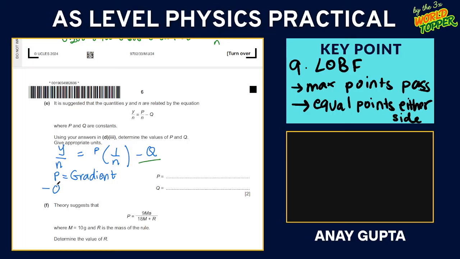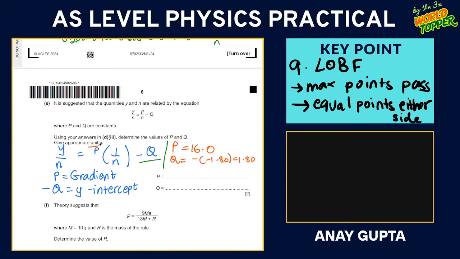So minus q is equal to the y-intercept. So now if I get my values correct, p will equal 16.0 and q will equal negative of negative 1.80, which is 1.80.